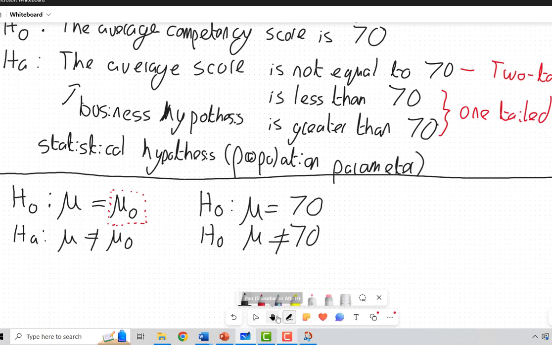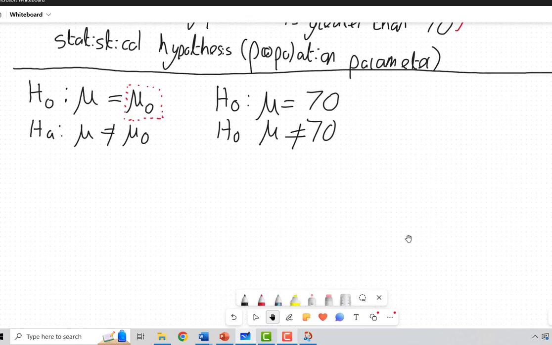Okay, let's move up a little bit. This is the two-tailed variant. And we also have the one-tailed lower.